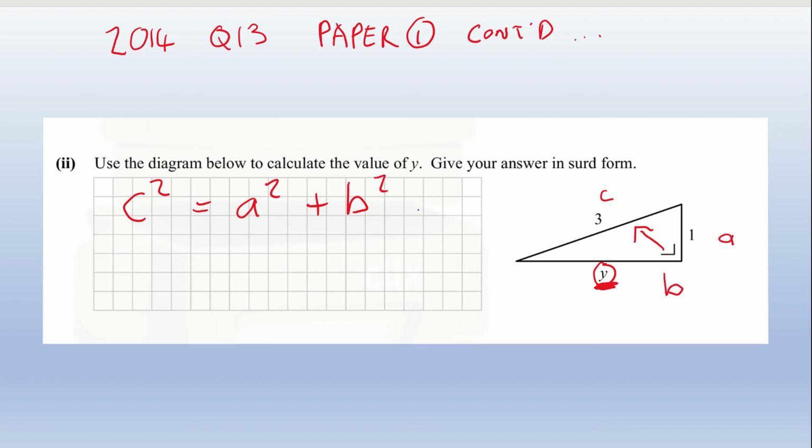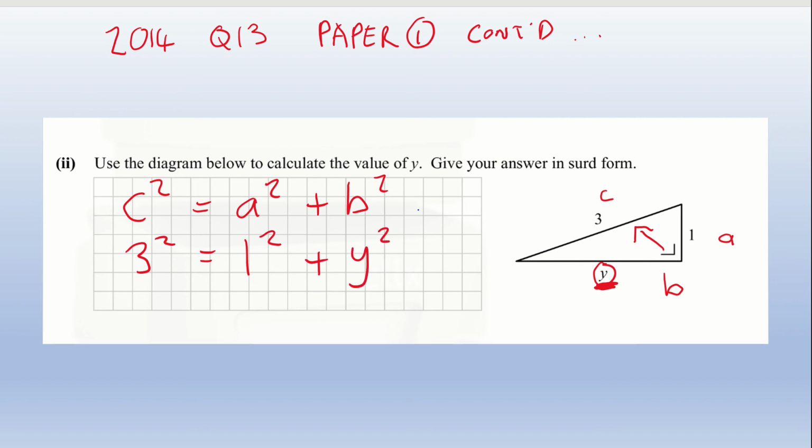Again, your 1 and your y being the smaller sides, I could have labeled my y as a and my 1 as b, but it's going to make no difference in regards to the rest of your question. So c squared is equal to a squared plus b squared. Let's put in the information that we're given in our question. We're going to have 3 squared is equal to a squared, which is 1 squared, plus y squared.